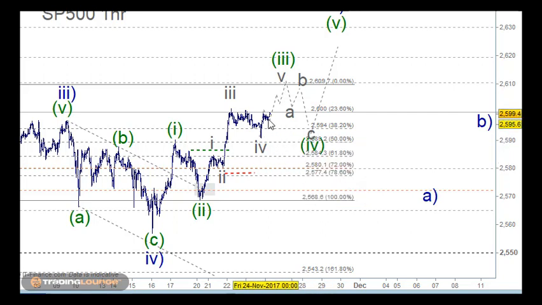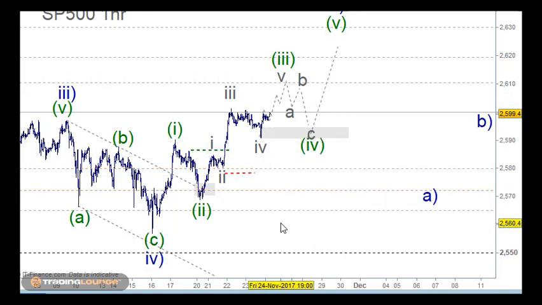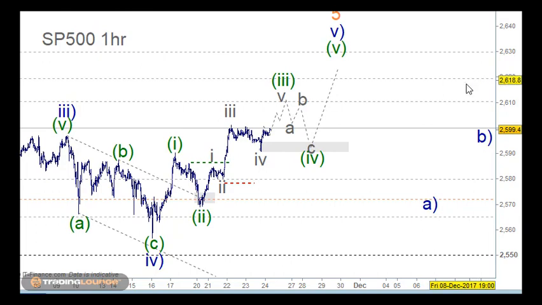It may leave wave 5 a little bit lazy. Let me just get that zone in here: the wave 4 of one lesser degree and the 38.2% retracement level, so it can pull back into that space. Just be mindful of that, and that's sort of where we are with it all.